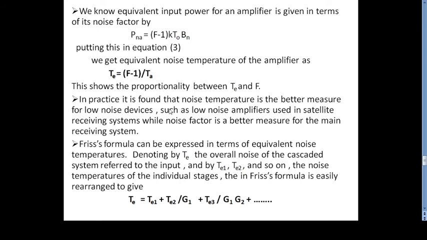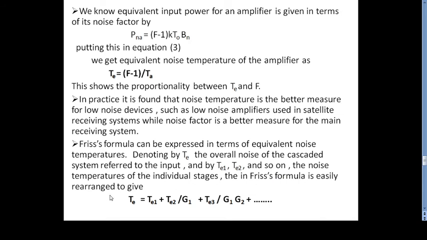In practice, we find that noise temperature is a better measurement for low noise devices such as the low noise amplifier used in satellite receiving systems, while noise factor is a better measurement in ordinary receiving systems. So the Friis formula can be expressed in terms of equivalent noise temperature, denoted by T. The overall noise temperature in a cascade system is referred to as T1, T2, and so on. So the noise temperatures of individual stages can be easily calculated using the Friis formula.